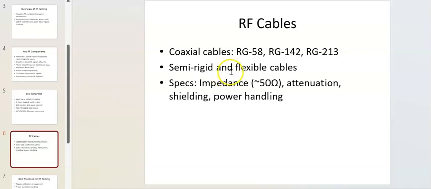Semi-rigid is like a C shape, it's semi-rigid, and flexible is like a normal wire, a normal cable. We can use it for transferring signals, for connecting the components. And the specifications should be impedance matching of 50 ohms, attenuation, and power handling.